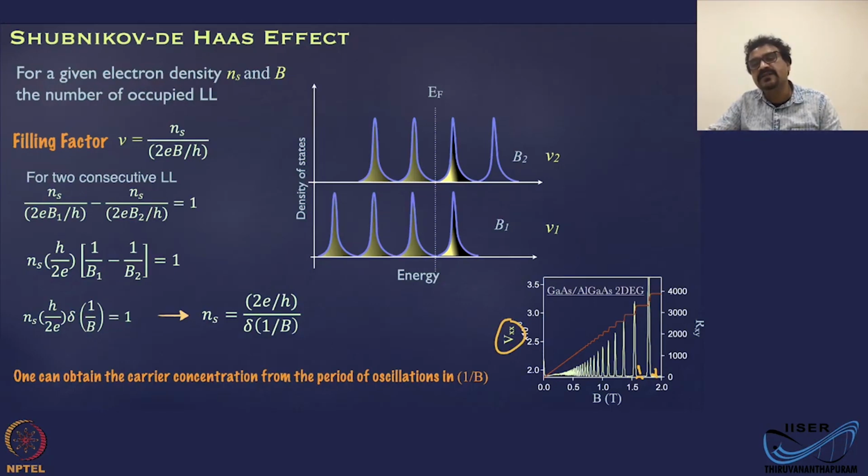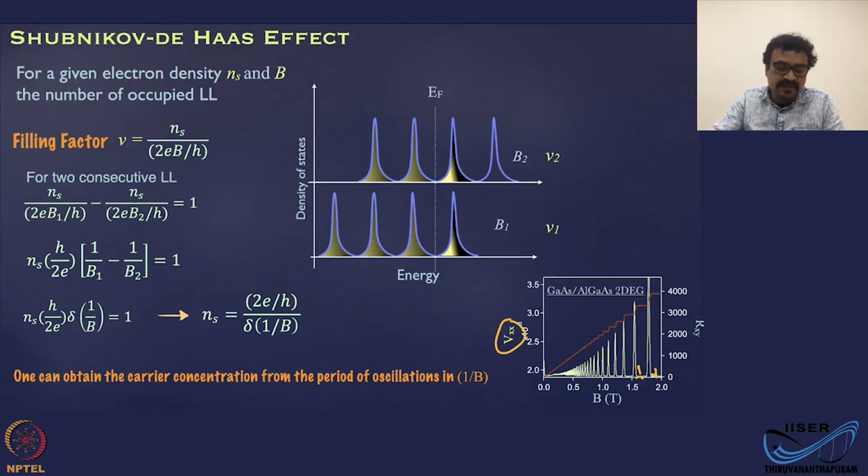Now, from this filling factor equation, this refers to situations where the filling factor differs by 1. So ns by 2eB1 will have higher filling factor 3, and this will have higher filling factor 2. As per this picture, the difference will be 1.